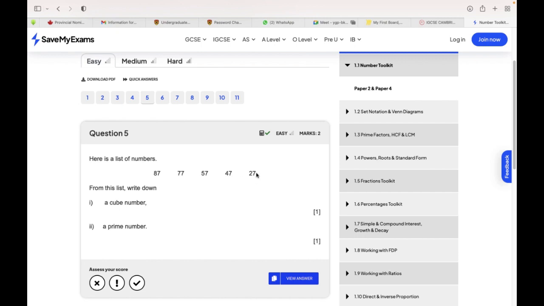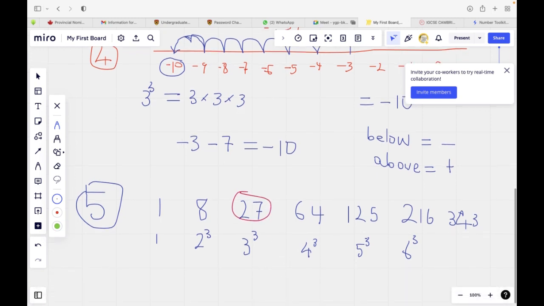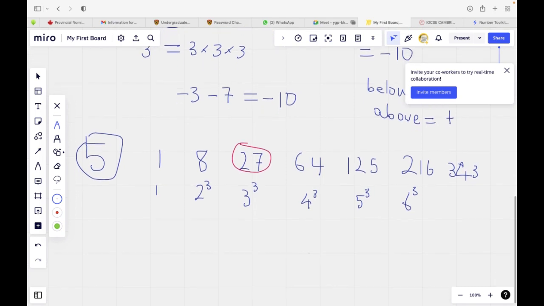The only cube number here is 27, because if you go back to the list of numbers that I've written down, you can see 27 as one of the cube numbers. So our answer is 27. From the list of numbers given to us, the only cube number is 27.